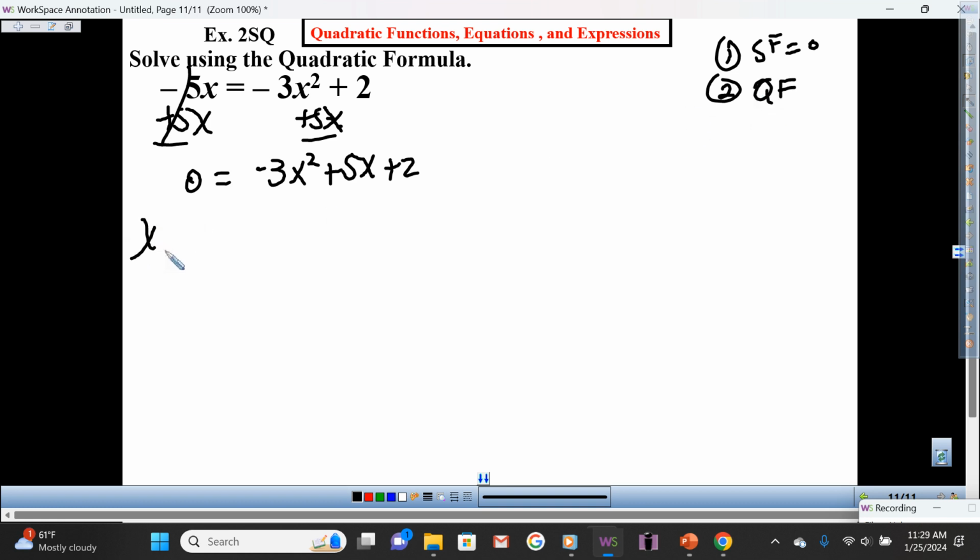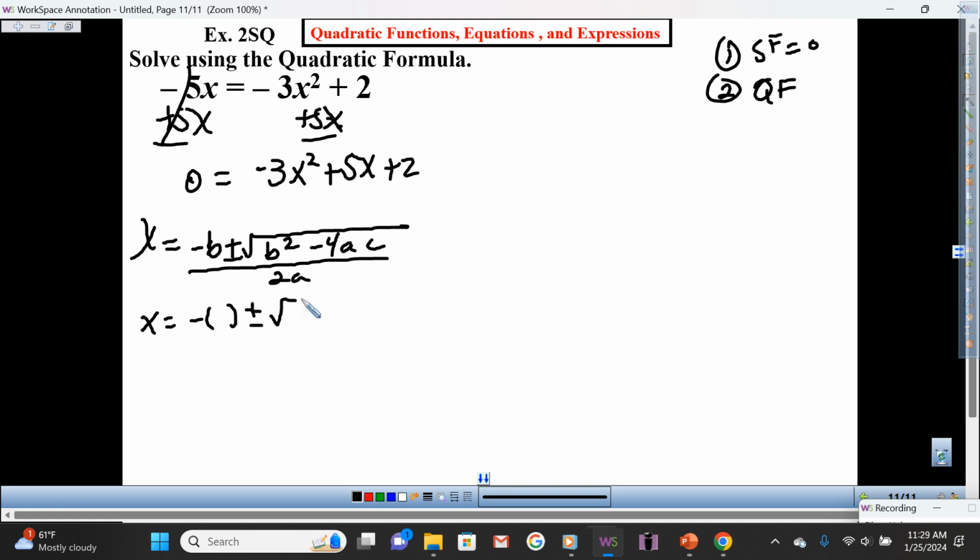So x equals minus b plus minus square root b squared minus 4ac over 2a. X equals minus parentheses plus minus square root parentheses squared minus 4 parentheses parentheses over 2 parentheses.